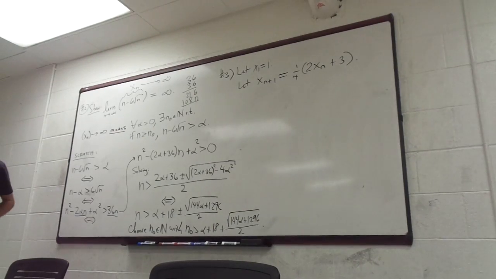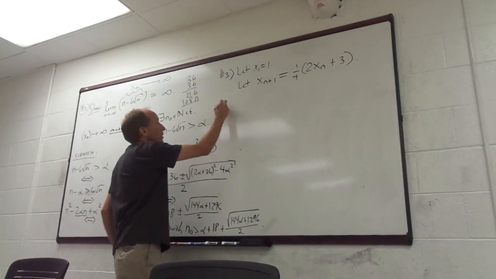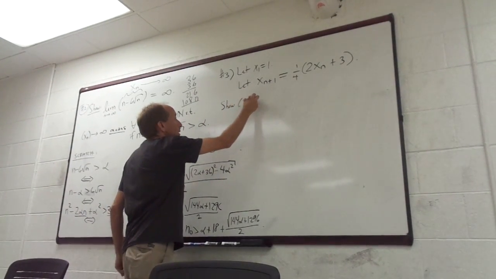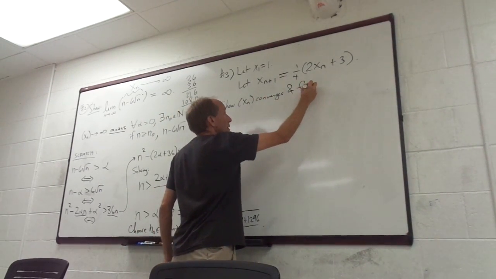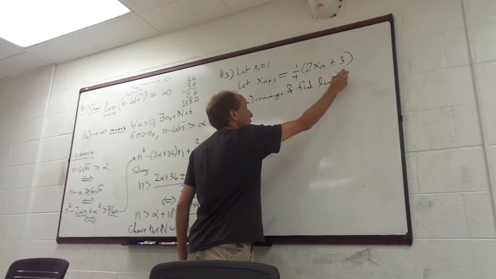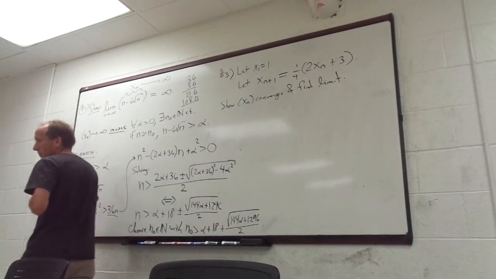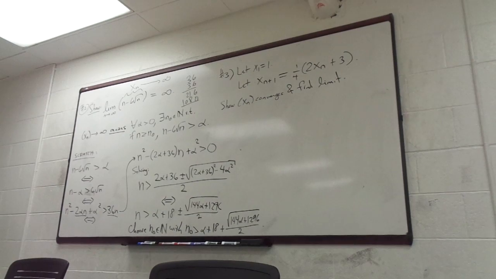And then it's just going to say, show that xn converges. And find the limit. Okay. So that's the question.